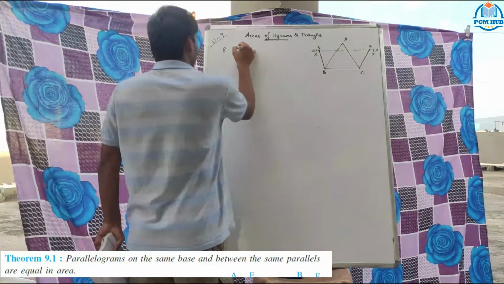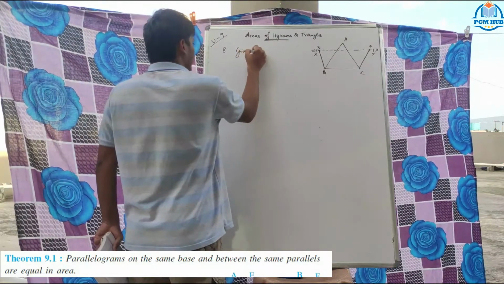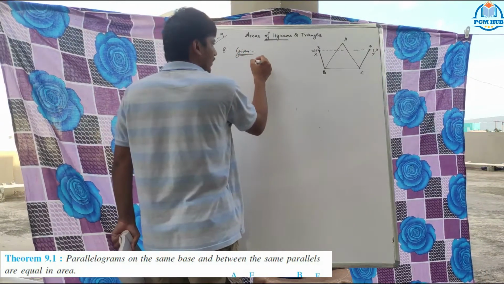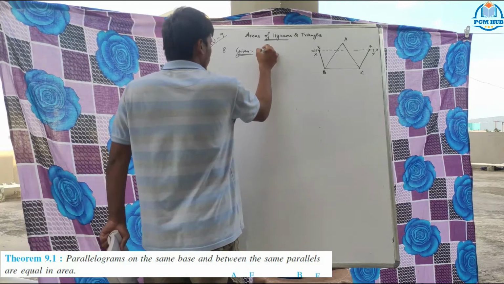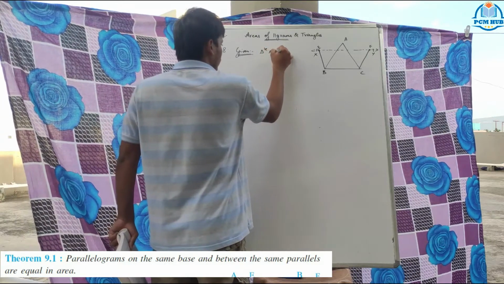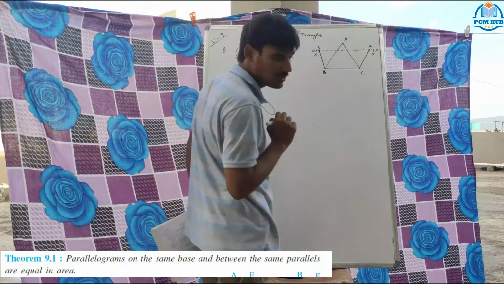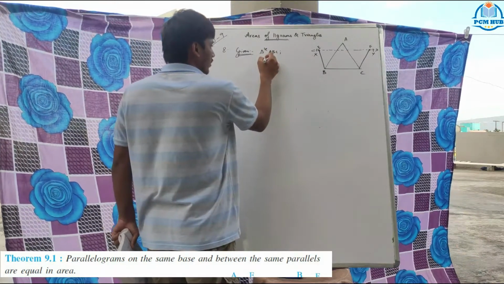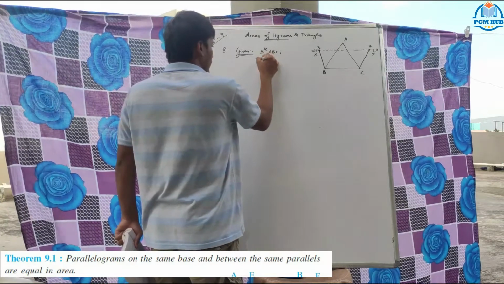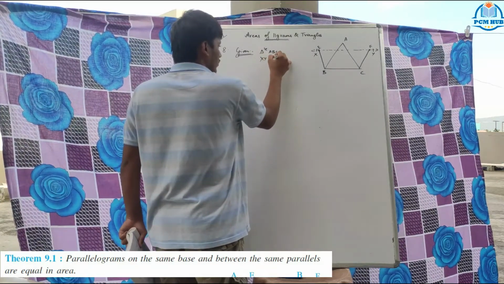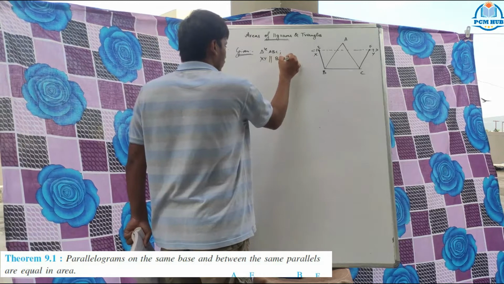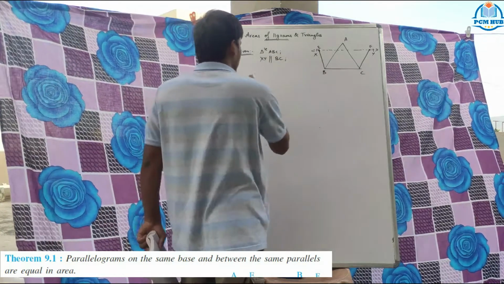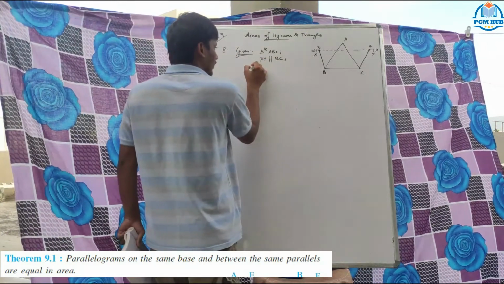Very good. So first we will write the given. Let us start writing the given. In the given, what will you write? Triangle ABC. Then XY parallel to BC, the third side. And all the others are given.